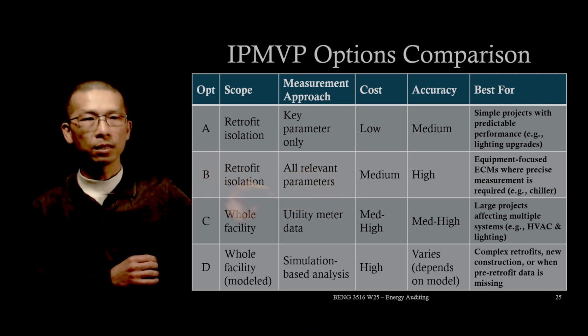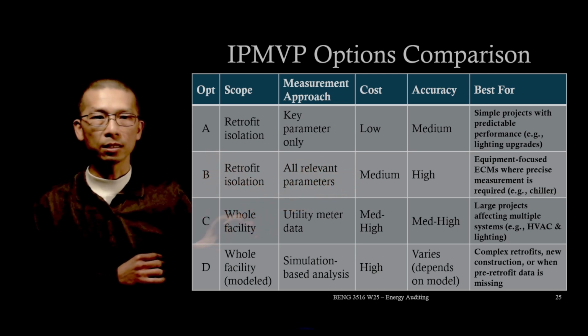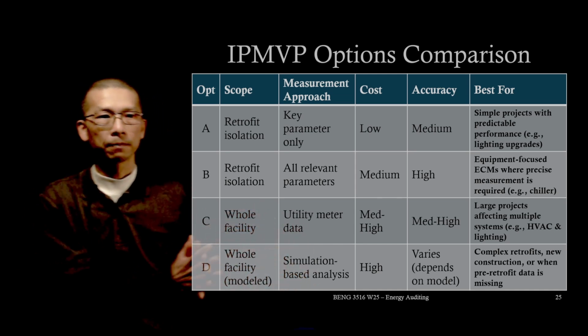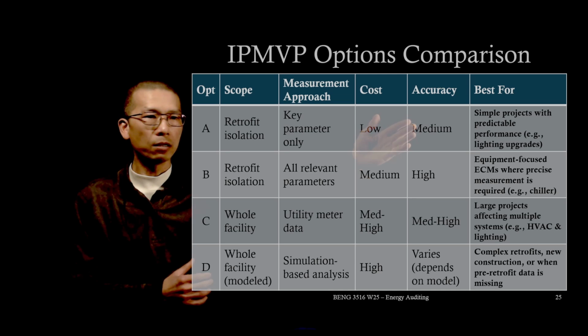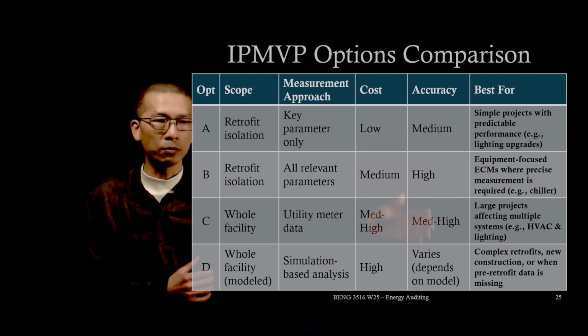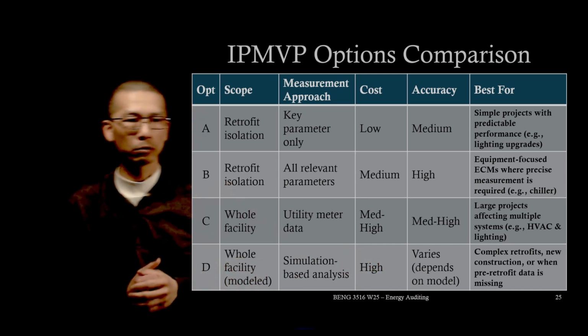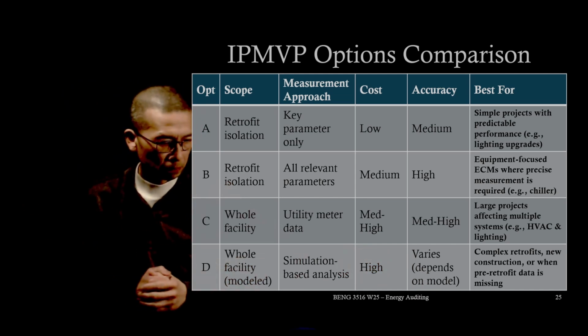That's option B, then whole facility option C, and whole facility modeling. You can see the accuracy goes from mid to high, or it varies, because it depends very much on the model.